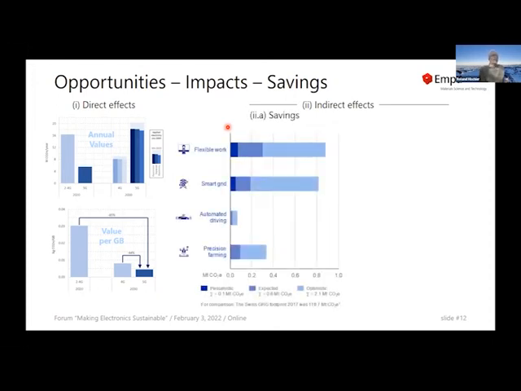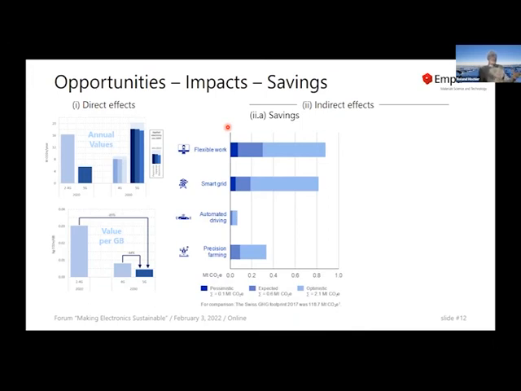Now, looking at the indirect effects, the savings, of course, there are high uncertainties due to this view into the crystal ball, in a way, of how these opportunities will evolve. We distinguished between a pessimistic, an expected, and an optimistic scenario. You see the values here.